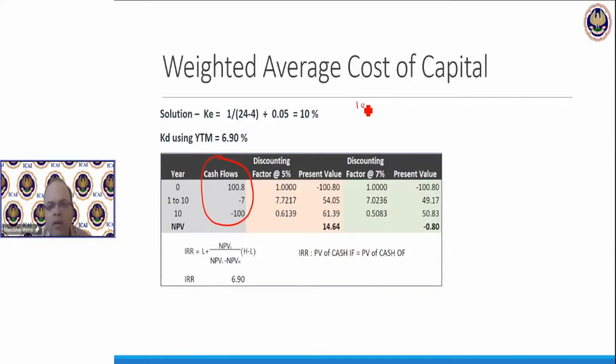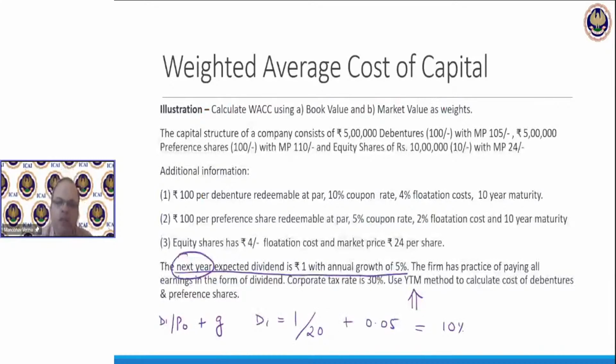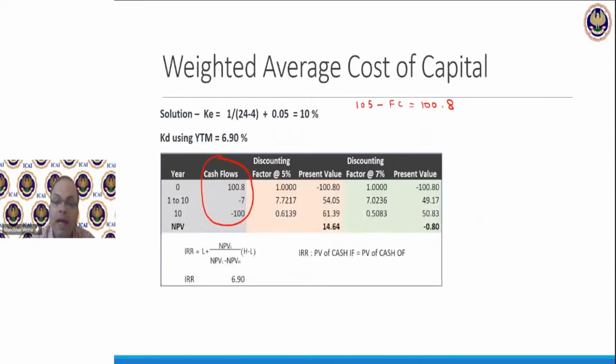So we're looking at 105 minus flotation cost, that gives 100.8. And since we have our interest rate given as 10% and there is a tax rate also, so 10 times 1 minus 0.3, we're looking at 7 as the interest. And of course, the redemption value is 100.